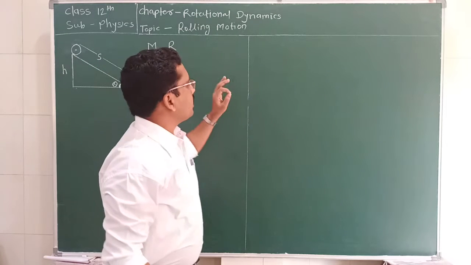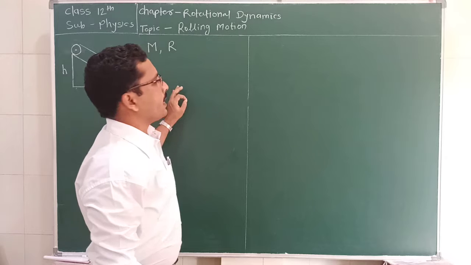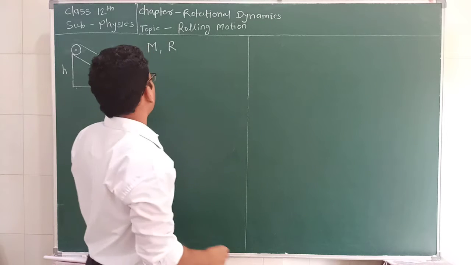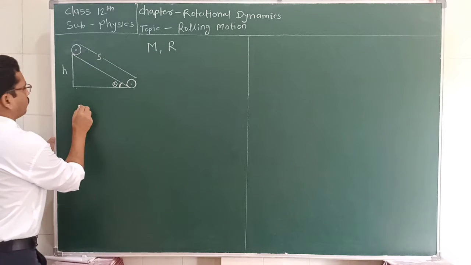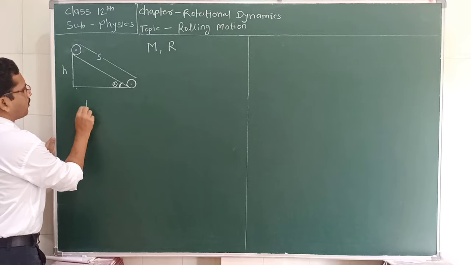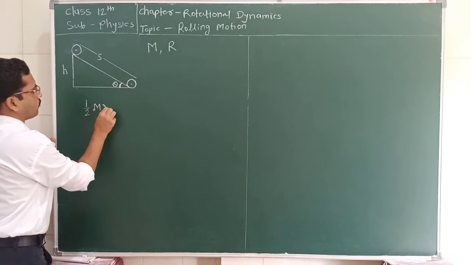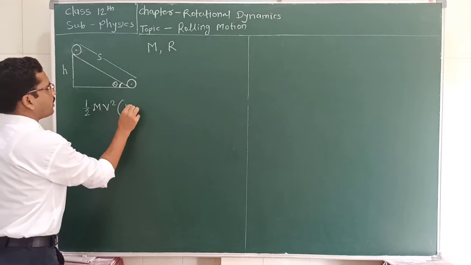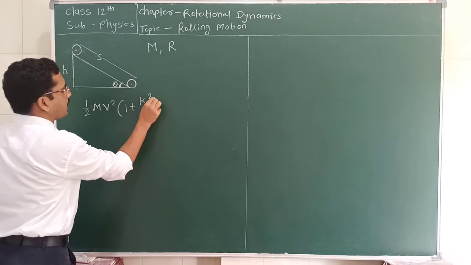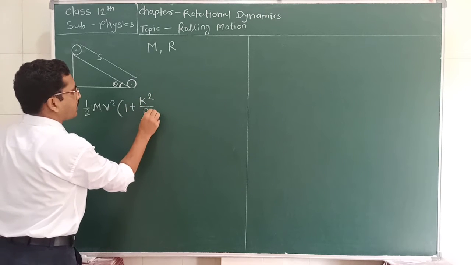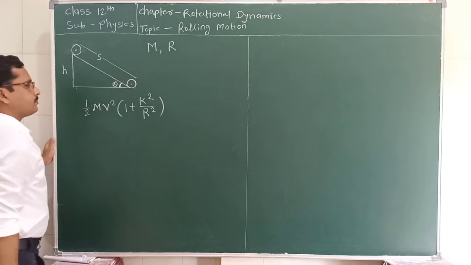Then what is the rolling kinetic energy of the body when it starts rolling? It is equal to 1 by 2 m v square (1 plus k square divided by r square).